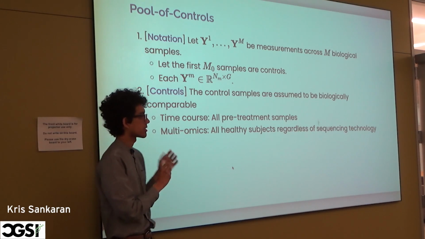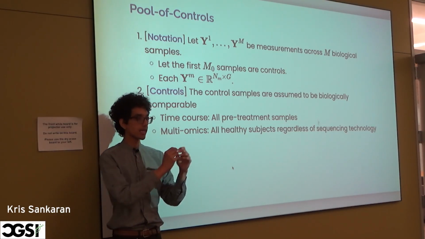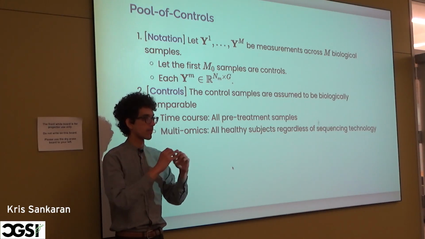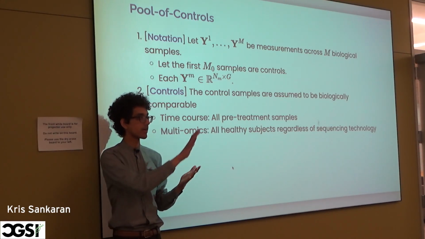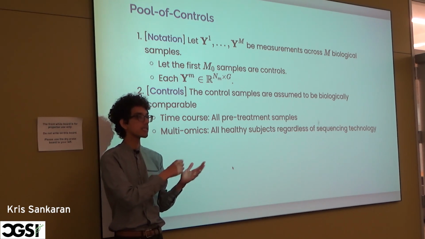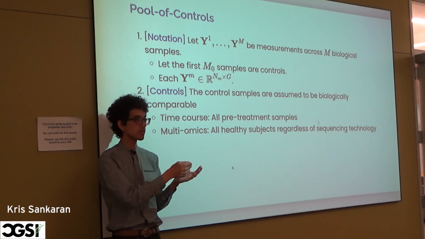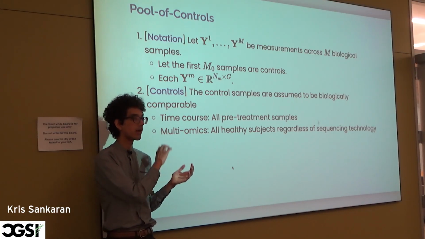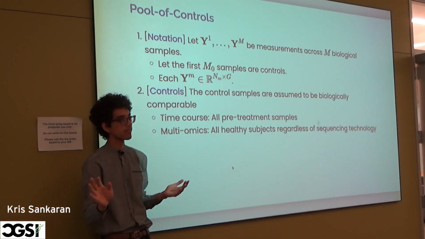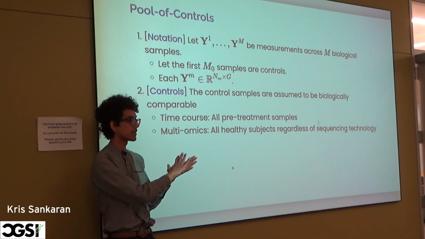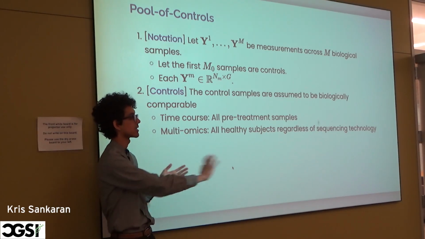The intuition I have for this is if you had the exact same biological sample and you had done many, many technical replicates of that one sample, you look for the variation among those replicates. Any systematic difference you notice among those replicates, you're going to subtract that out, and now apply that transformation to all of your data. So use that pool of controls, find the systematic variation, remove it, now apply that same transformation everywhere.